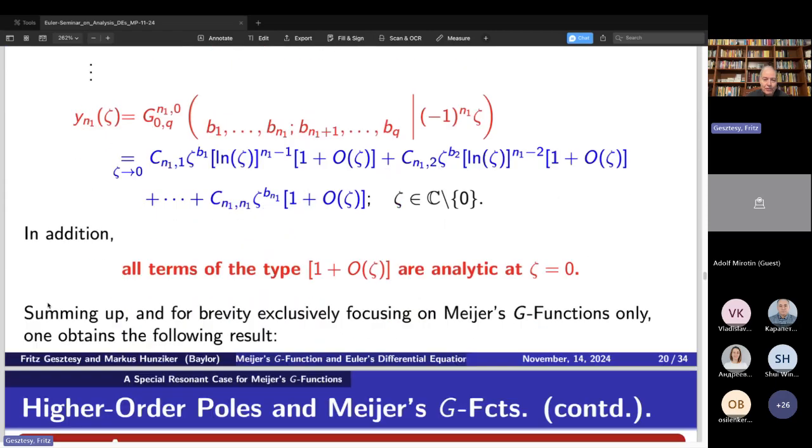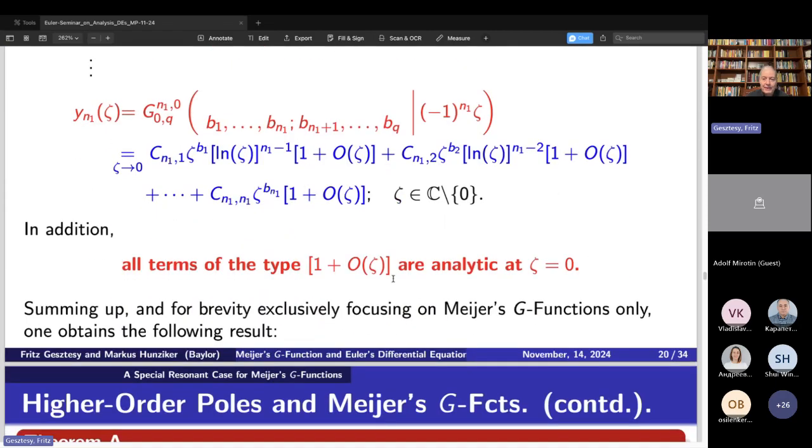So once again, all terms 1 plus order zeta are analytic at 0, so there's no issue there. So at this point, some of these can still be expressed in terms of generalized hypergeometric functions, but if I do this all the time, I end up with way over 40 pages, so I decided I will focus on Meyer's G function only from this point on.